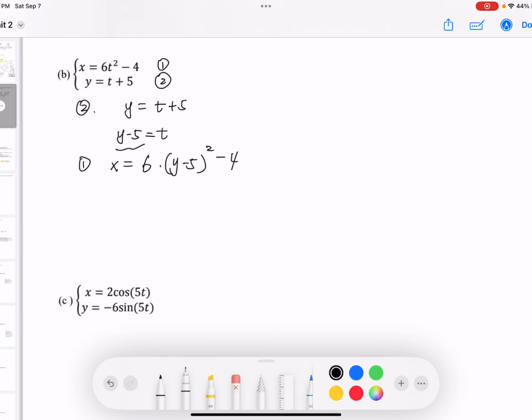The question says you need to decide the name of your equation, for example whether the shape is a parabola, ellipse, hyperbola, or a line. This is not a line, because a line cannot have a square, and x and y have only the first power.